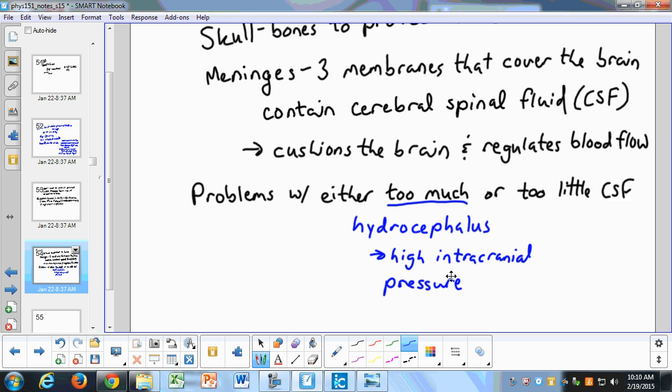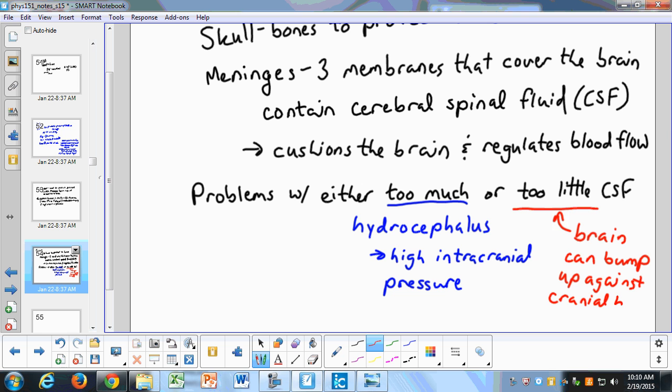Too little means that your brain just isn't protected. If there's too little CSF, the brain can bump up against the cranial bones. So too little or too much of this CSF can cause issues.